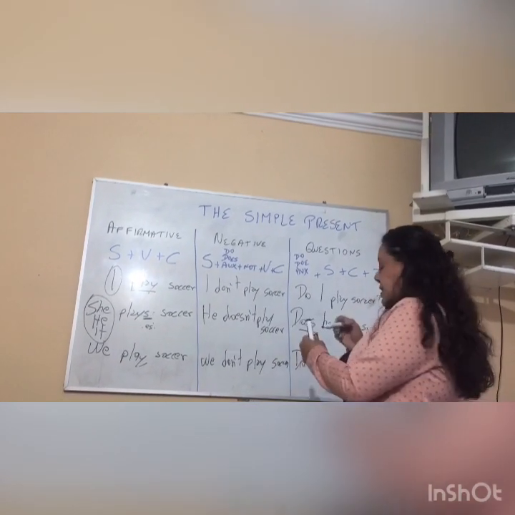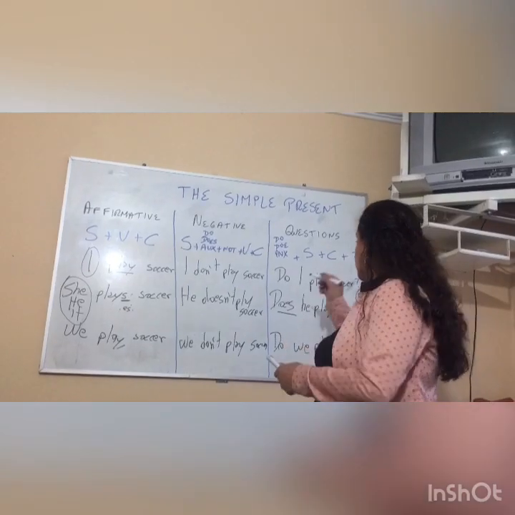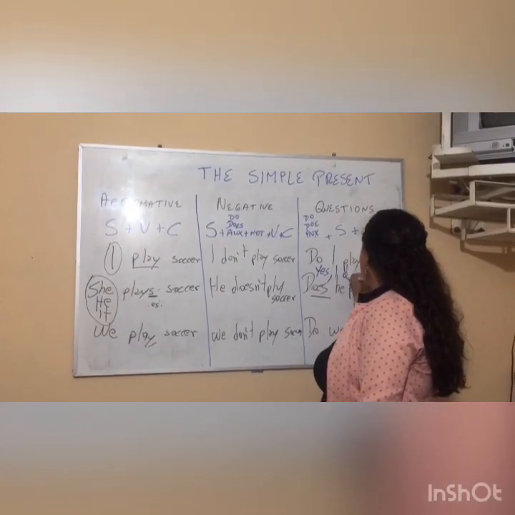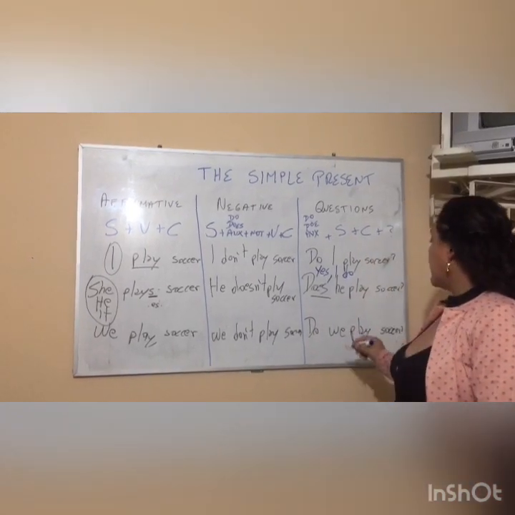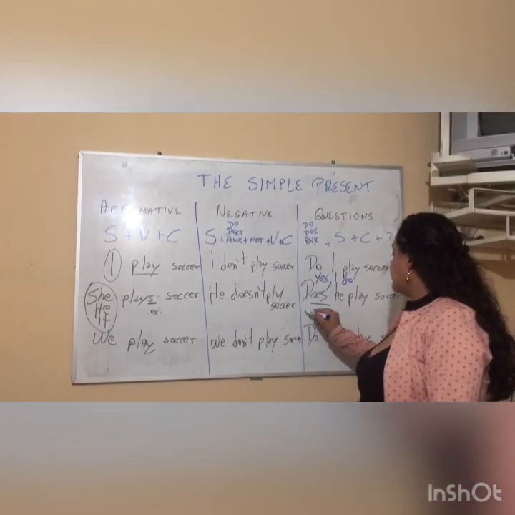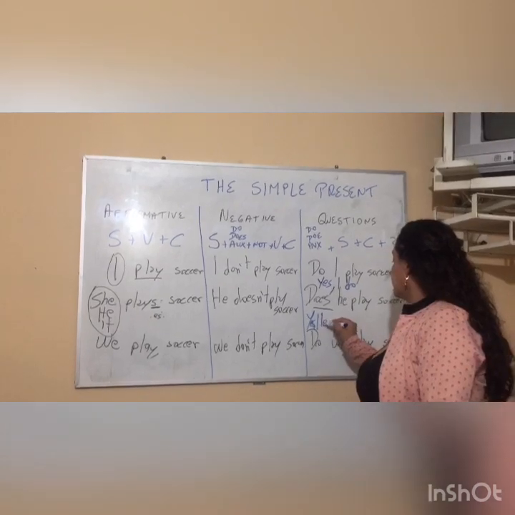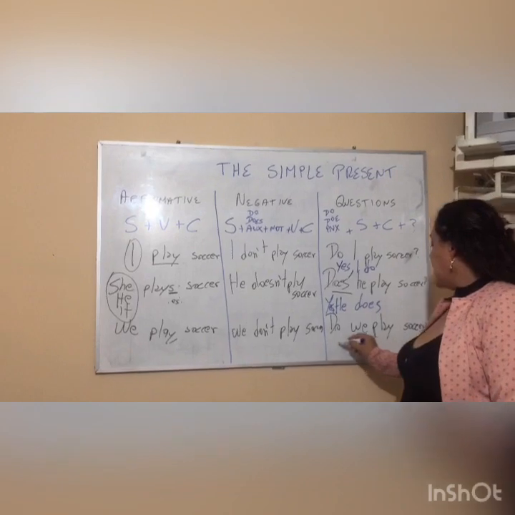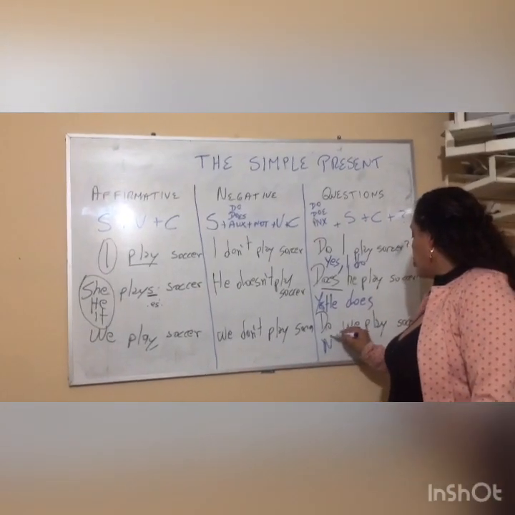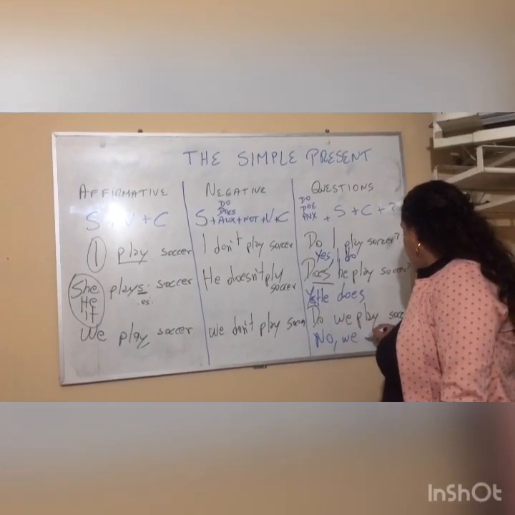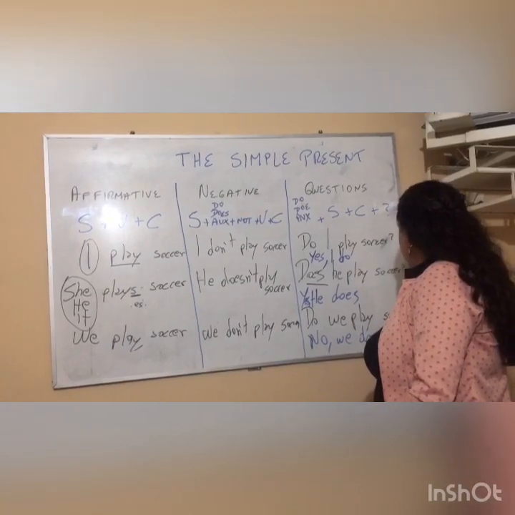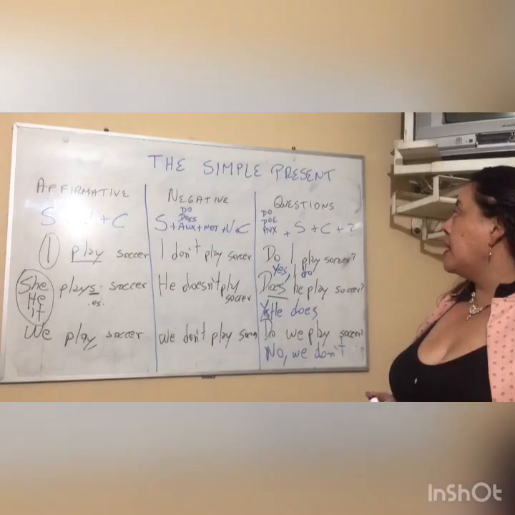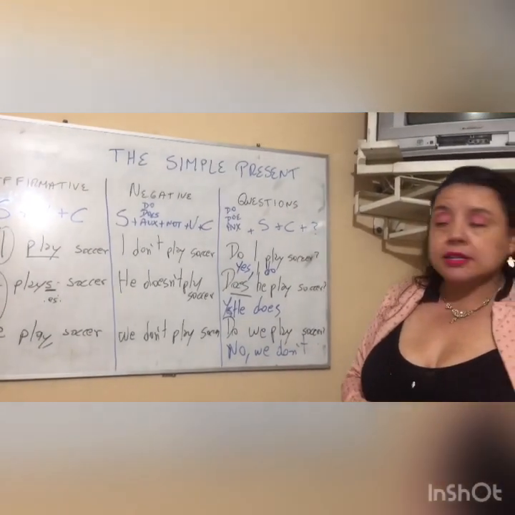The short answer of each one is: yes, I do. Does he play soccer? Yes, he does. Do we play soccer? No, we don't. That is the way that you need to answer the questions in the simple present.